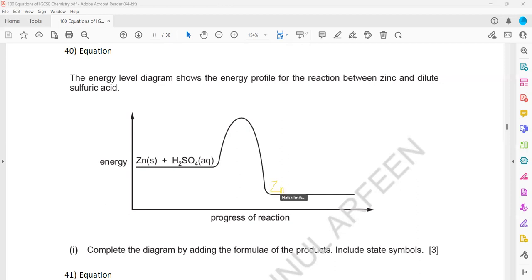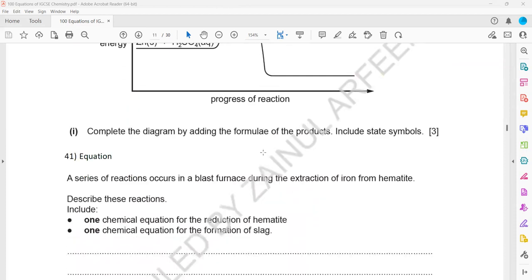The product will be zinc sulfate, aqueous, because most sulfates are soluble except barium, calcium, and lead. Plus hydrogen will be there as a gas. One mark is for the product, one mark is for zinc sulfate and hydrogen, and one mark is for the correct state symbols. So it will form zinc sulfate aqueous and hydrogen gas.